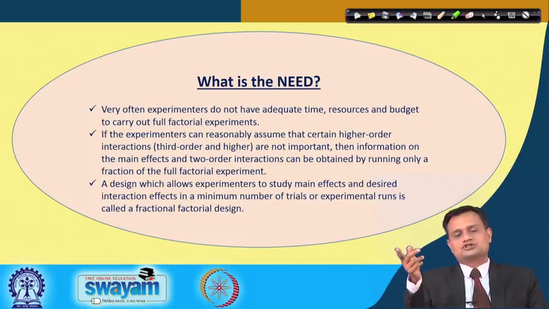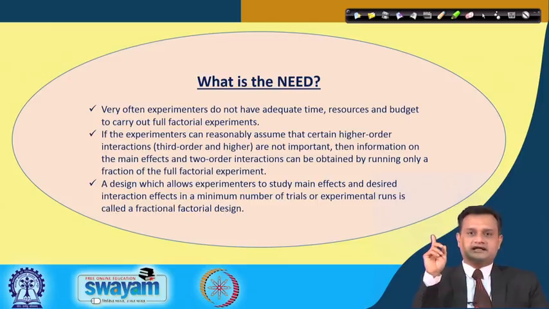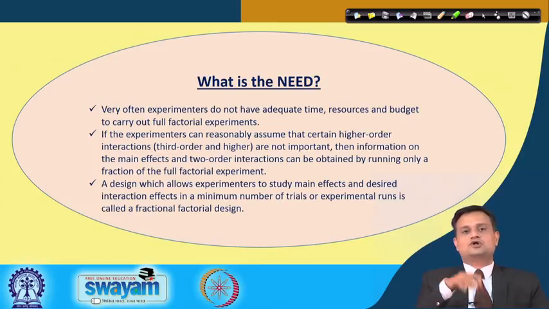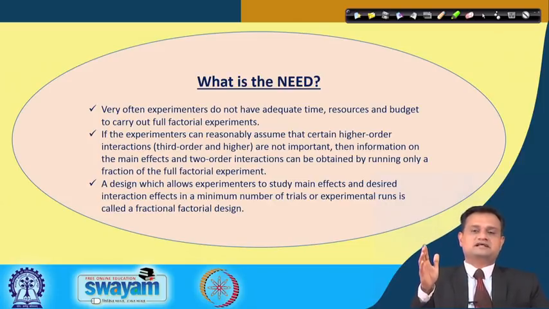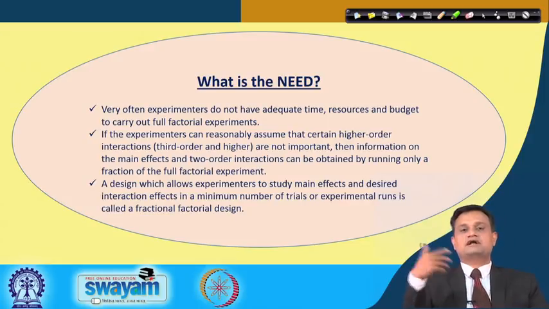Now, we want to see that it is not only about conducting the experimentation. We talked about OFAT, one factor at a time, then we talked about the RCBD, then we are talking about the factorial design. So, it is not only important to conduct the experimentation, it is also important to conduct the experimentation in a smarter way.